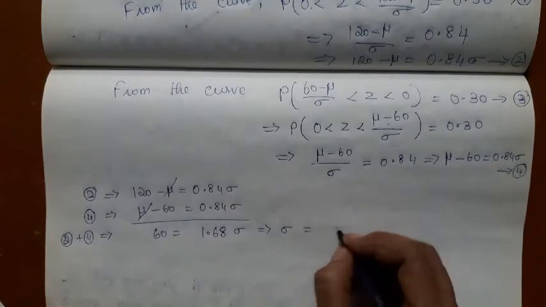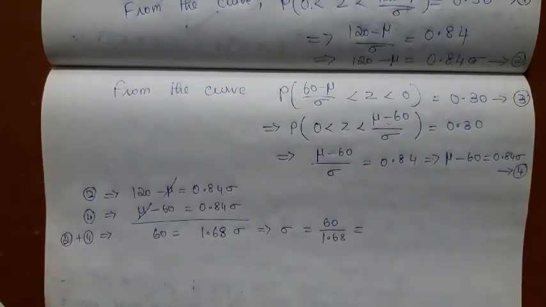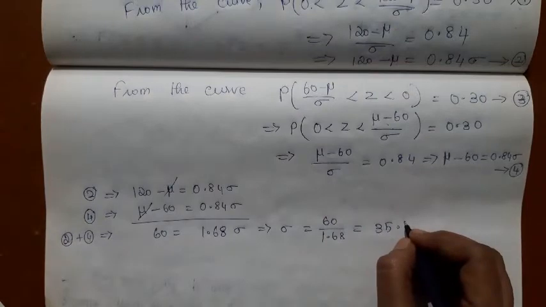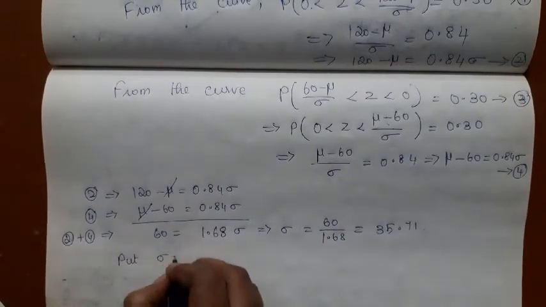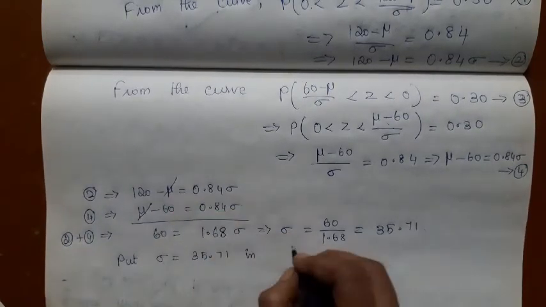So you get sigma equal to 60 by 1.68, which is 35.71, and put sigma equal to 35.71 in either of these two equations.